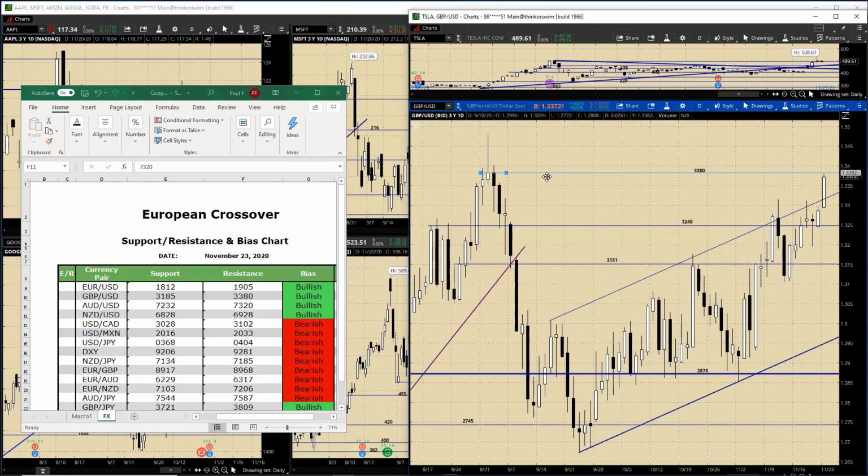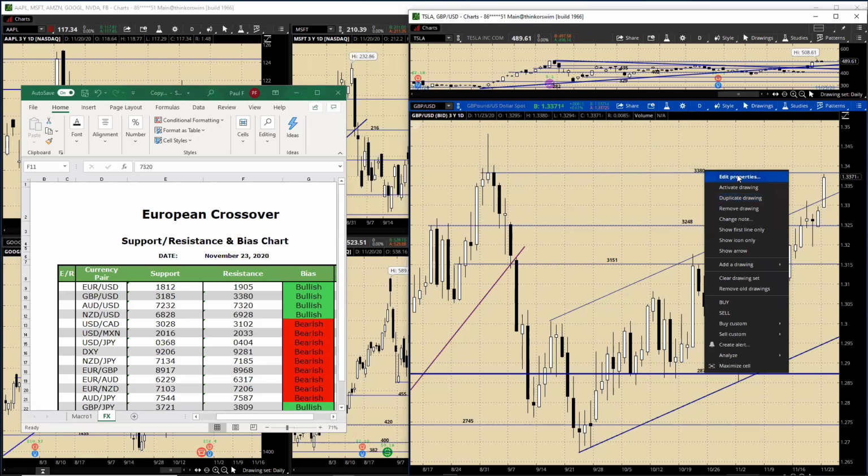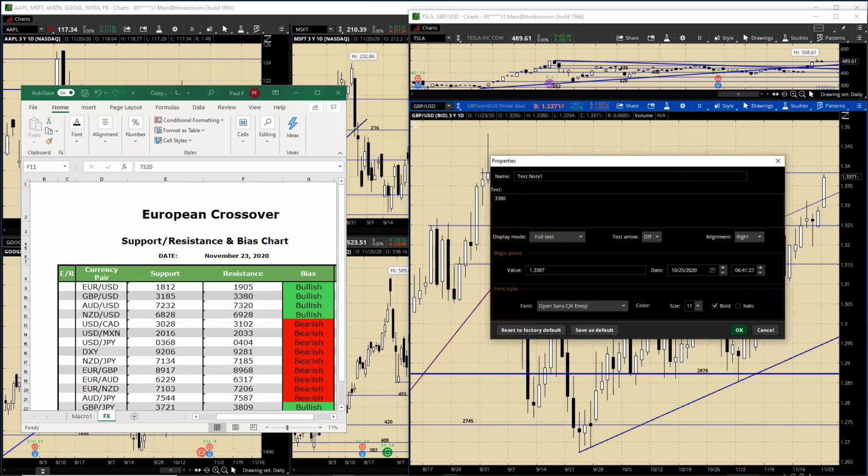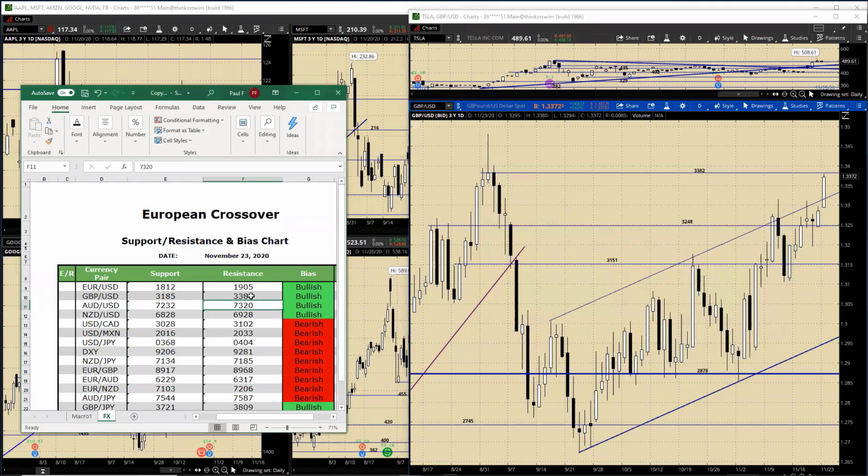That's it, 3382. It's actually 82, not 80. So 3382 is the bias chart resistance.